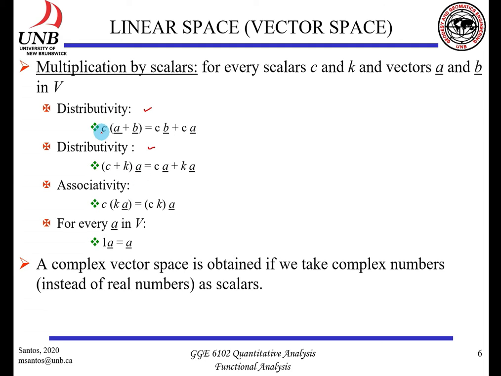We can have one scalar multiplying the summation of two vectors, or the summation of two scalars multiplying one vector. Then the associativity, and also when a vector is multiplied by the scalar 1, we retrieve the same vector. A complex vector space is obtained if we take complex numbers instead of real numbers as scalars.